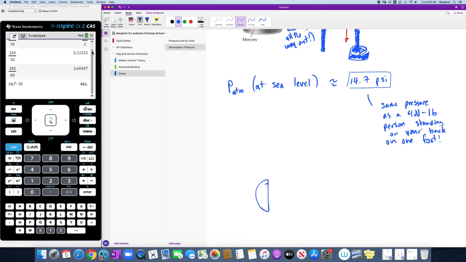So one hemisphere was hollowed out, and then it was connected to another hemisphere that was also hollowed out, and this was made out of iron, I think.